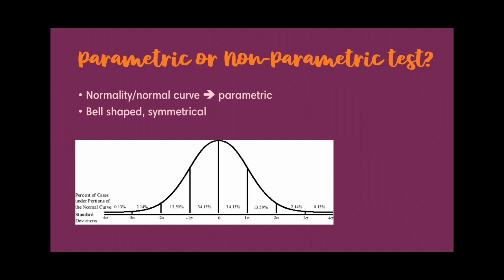But again, it's more than just, I can see that it is a bell-shaped symmetrical curve, then I can use a parametric test. There are tests that we can use in order for us to really ascertain that the distribution of a certain variable in your study is symmetrical. And remember, this is for continuous variables.